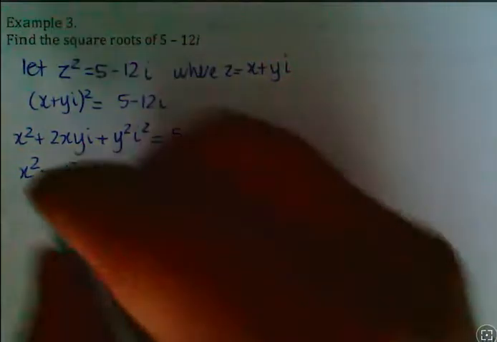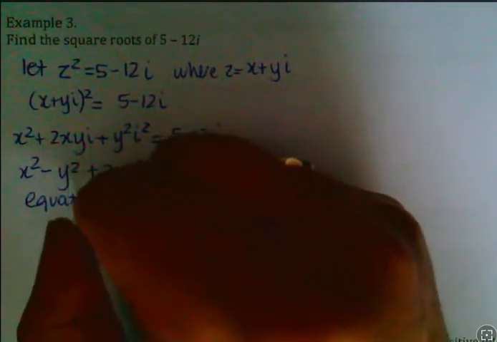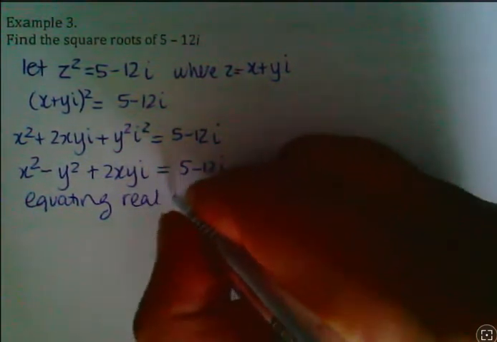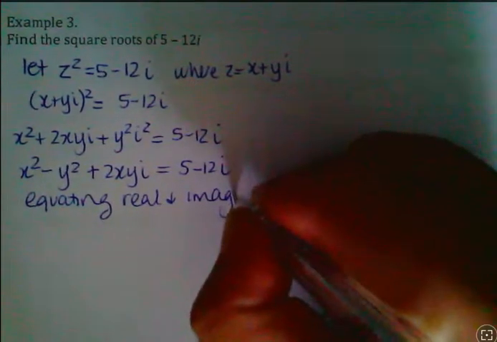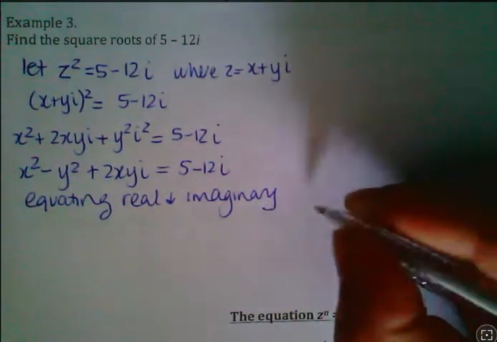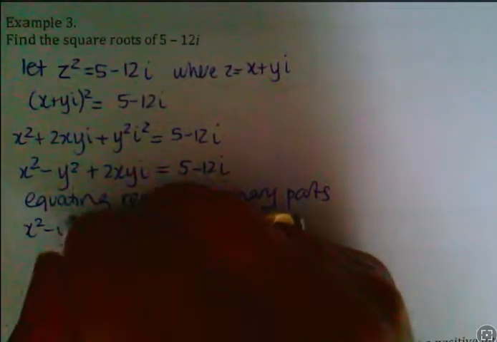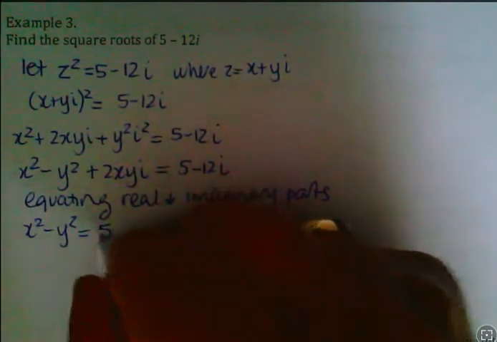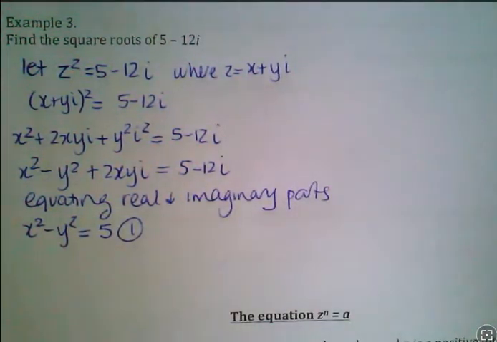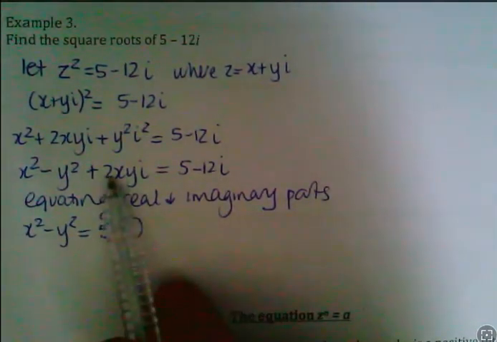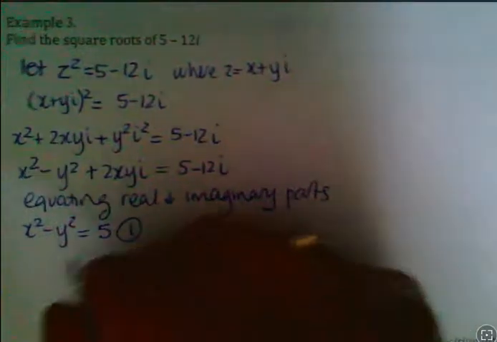Now we can equate real and imaginary parts. So equating real and imaginary parts, we get that x squared minus y squared equals 5 as my first equation, and my second equation would be that 2xy equals negative 12.